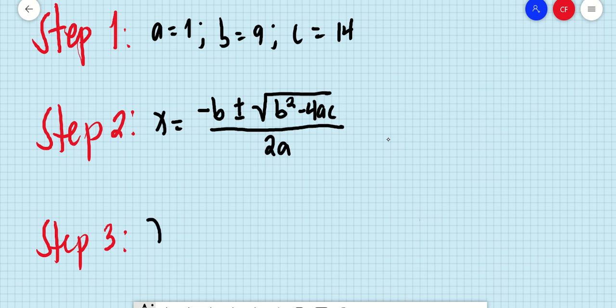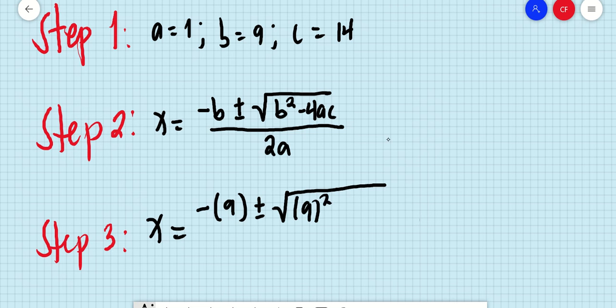Again, x equals negative. Take note, yung b natin is positive, so negative times positive 9. Positive negative square root of 9 squared minus 4 times 1 times yung C natin is 14. Ayan.